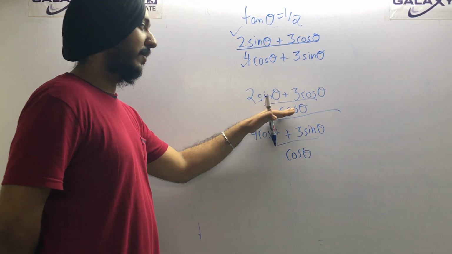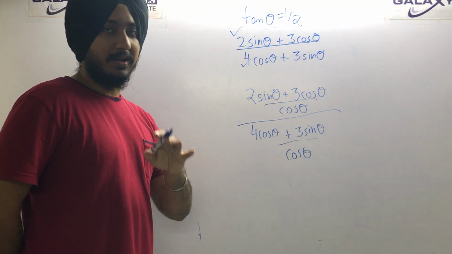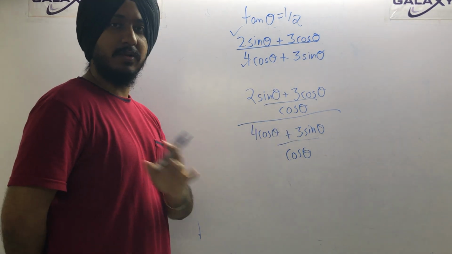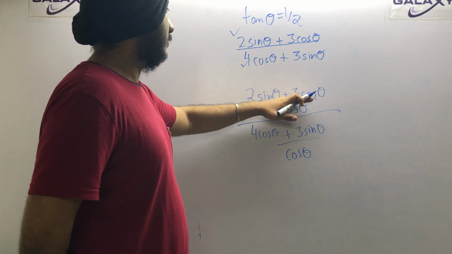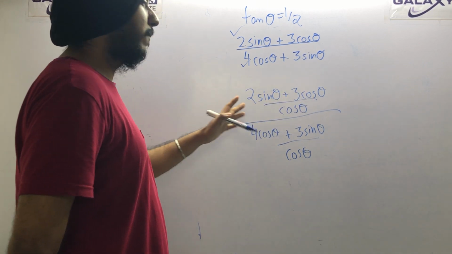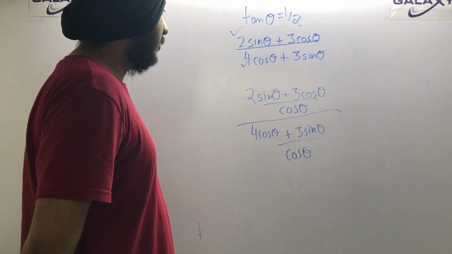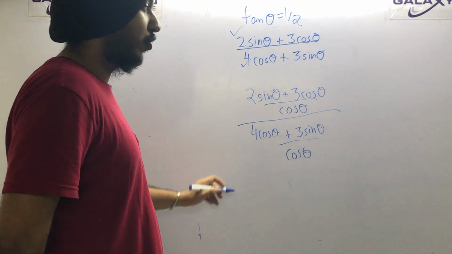Okay, since you're dividing both numerator and denominator, it's okay because they can cancel each other, so that's not a problem. Now just open the division sign. Okay, and see what happens on the numerator and denominator.